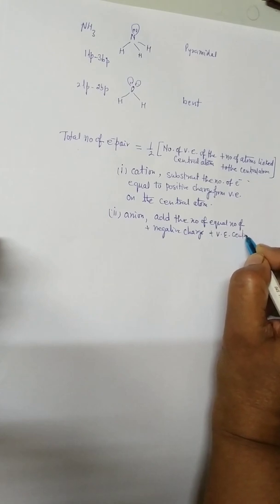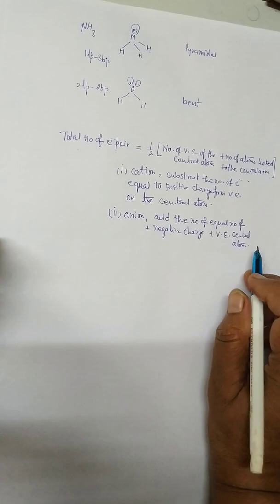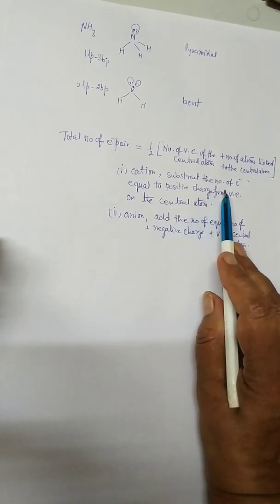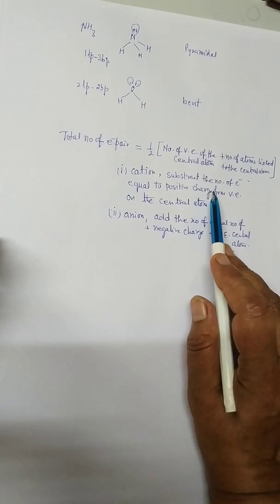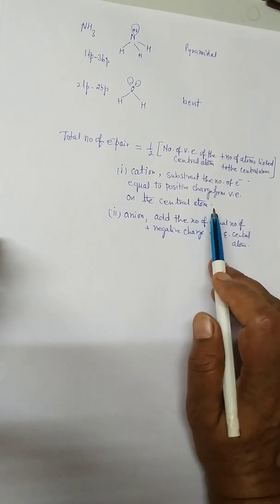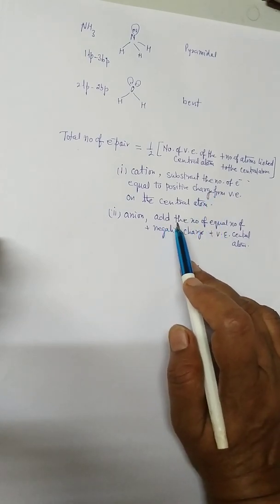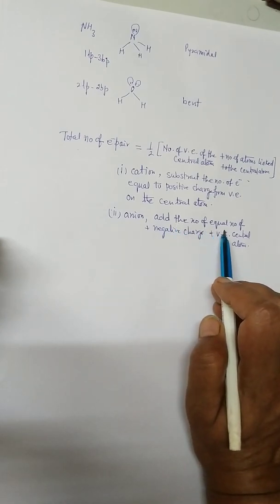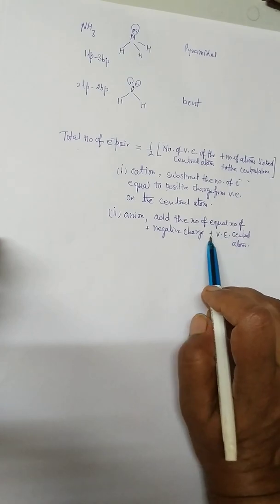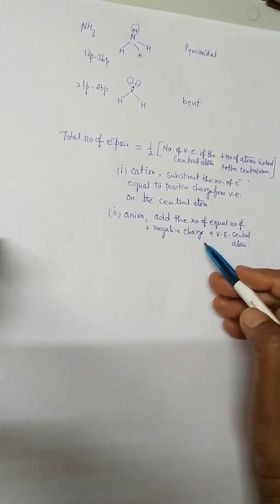Okay, for a cation you subtract the number of electrons equal to the positive charge from the valence electrons on the central atom. If it is an anion or negative ion, add the number equal to the negative charge to the valence electrons on the central atom.